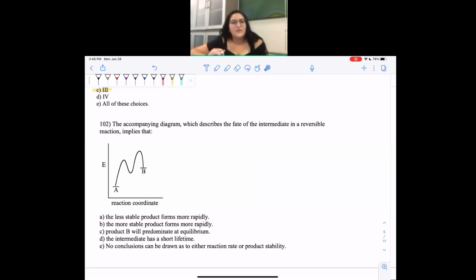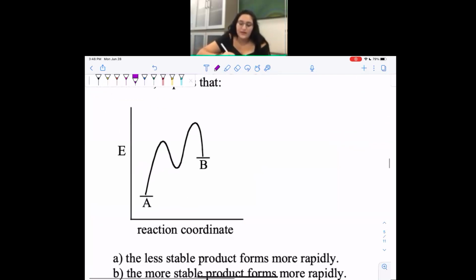All right, so for this one, remember what I said about reversible. So reversible means equilibrium, and it means thermodynamic control. And we know that the lowest activation energy is the kinetic product.